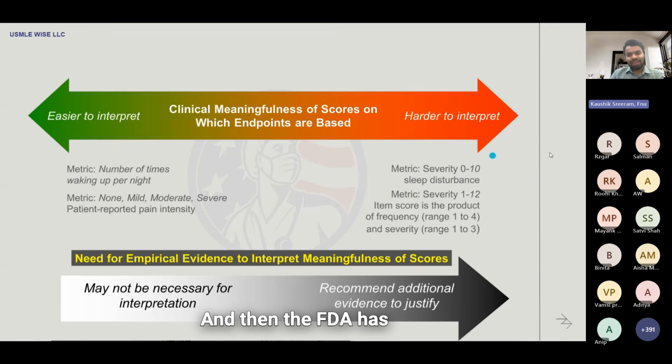And then the FDA has come up with another nice thing, right? When people tell me, oh, when you have pain, right? You have pain scale 1 to 10, right? In that case, you will ask the patient, rate pain on a scale of 1 to 10. The patient will say 7, 8, blah, blah, blah. And when you have these numbers, they're a little bit harder to interpret because you have to come up with cutoffs, etc., right? But what is easier?